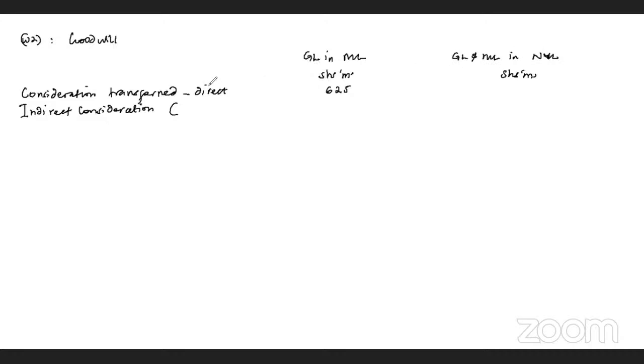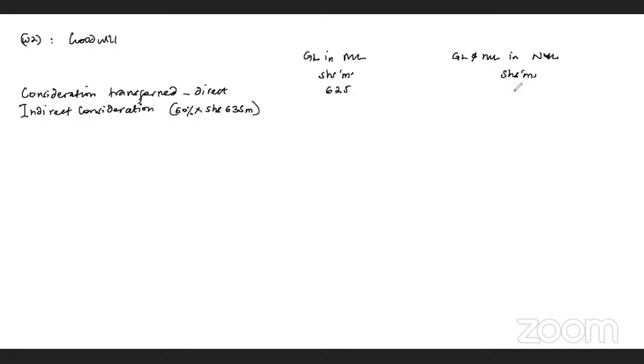So there will be what we call an indirect consideration. We see that ML pays 635 million, but remember, the group has a 60% shareholding in ML. So the group indirectly transfers 60% of the 635 million.